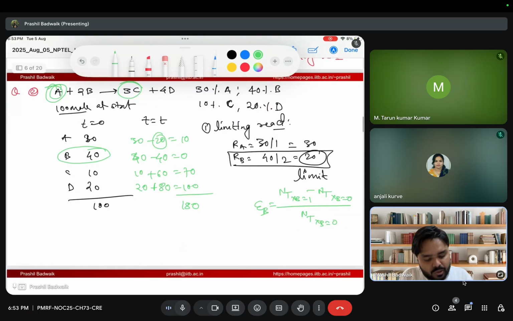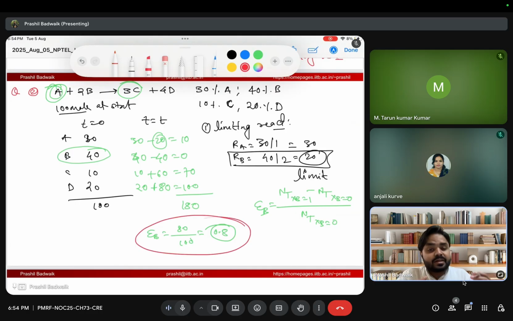So what is this value? 80 divided by initially 100 were present. So 0.8. That means what has happened here? Epsilon has reduced. That means the fractional change in volume is 0.8 here.